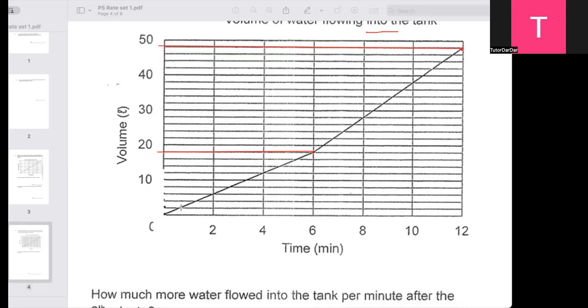So based on this, when you count the gaps, 1, 2, 3, 4, 5, 0 to 10 is broken into 10 gaps. That means one gap is 2. Each gap is 2. If each gap is 2, this is going to be 18. That means at 6 minutes, the volume of water is 18. And at 12 minutes, the volume of water is 48 liters.